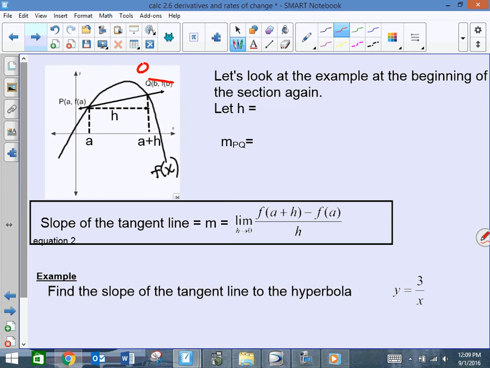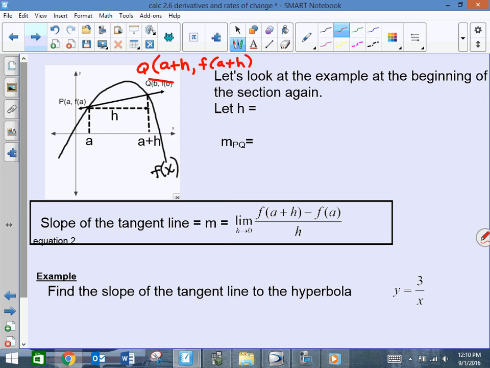Okay, so Q. If we're not using B and f of b, then those two ordered pairs need to be changed to, what's the x value on the Q? A plus h, good. And what's the f value? Awesome, f of a plus h, very good. Okay, so we're just changing the language.